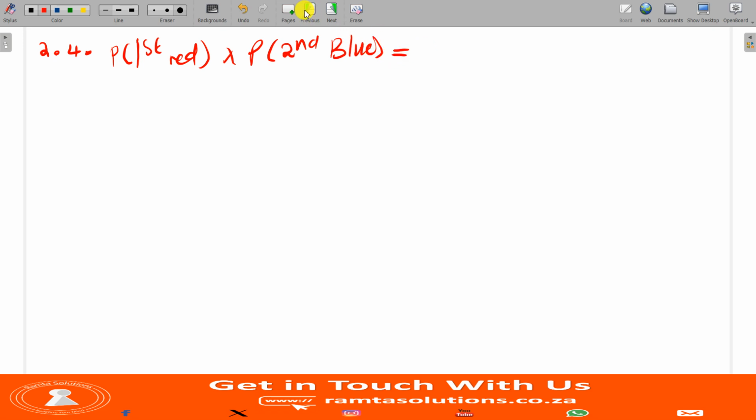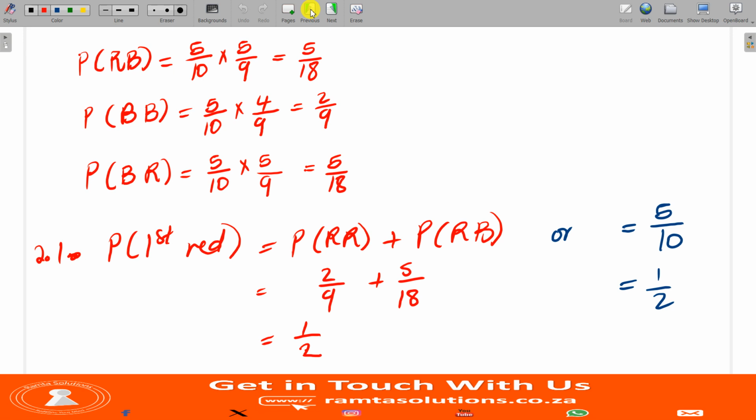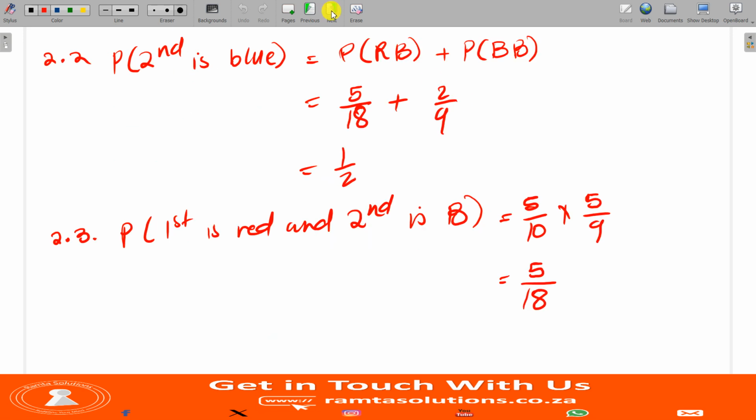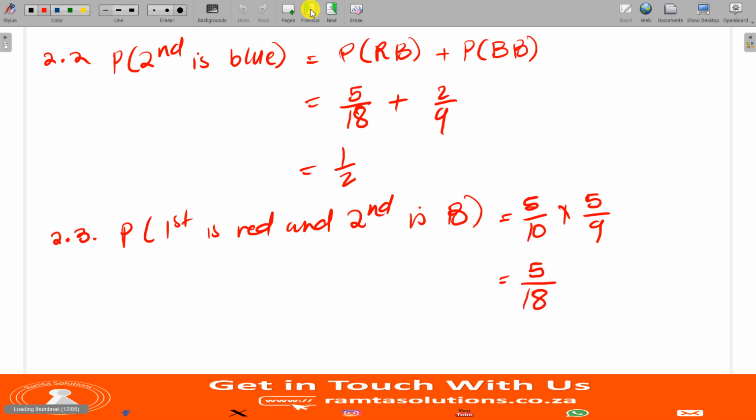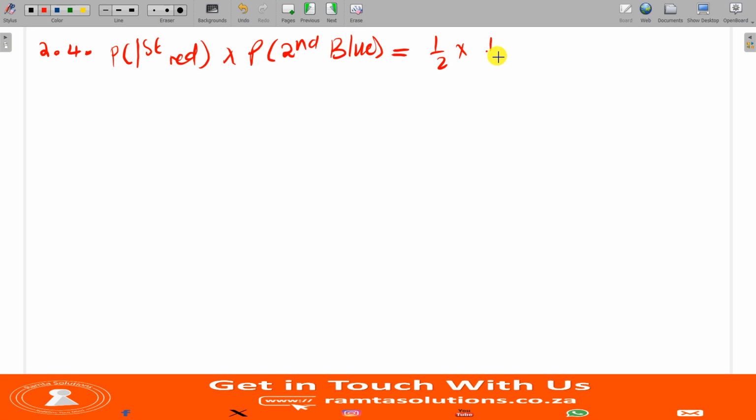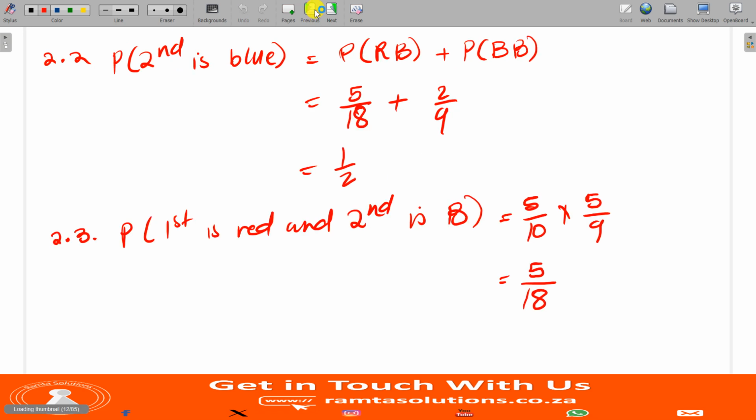Red first, what did we get? We got half. And for blue, did we also get half? Yes, we got half. So this is a quarter. Now, this is not equal to 5/18, right?